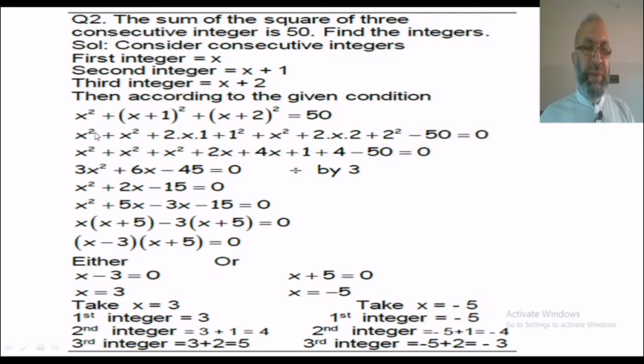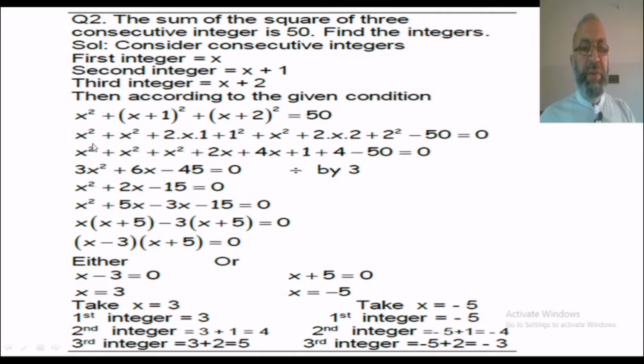First x square, second x plus 1 whole square, expanding by a plus b whole square: x square plus 2x plus 1 square. Next x plus 2, expanding by a plus b whole square: x square plus 2 into x into 2 plus 2 square, minus 50, transferring to the left hand side, equal to 0.